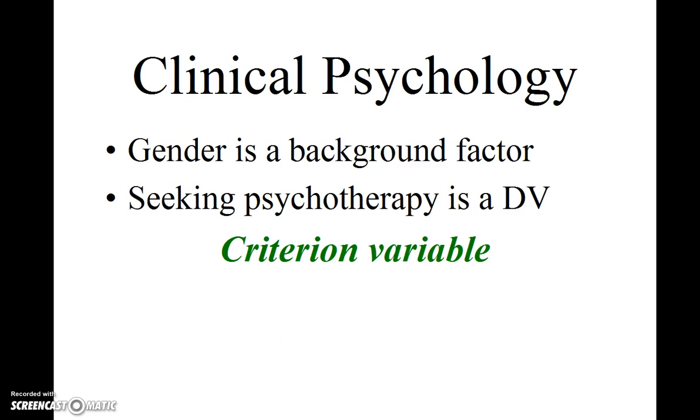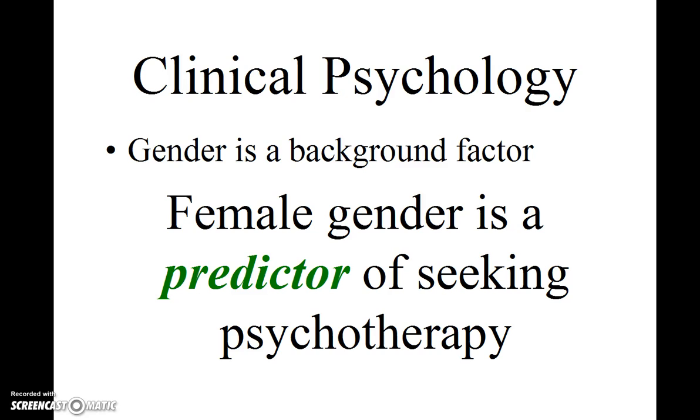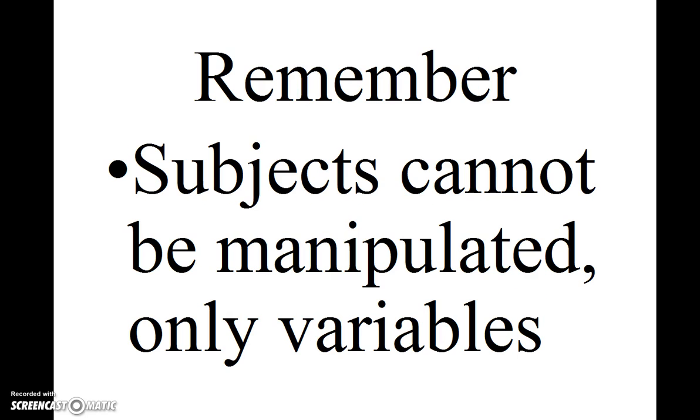Whether or not someone seeks psychotherapy is a dependent variable, and in this case, a criterion variable, an outcome. To say that women are more likely to seek psychotherapy means that female gender can be used as a predictor of seeking psychotherapy. Remember, subjects cannot be manipulated, only variables.